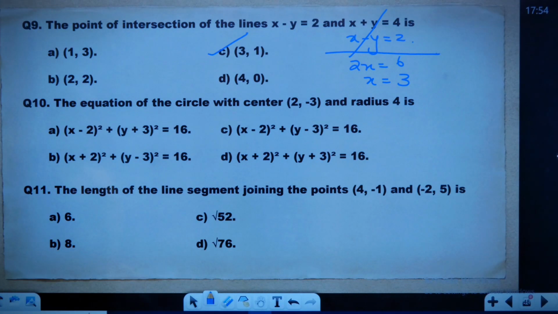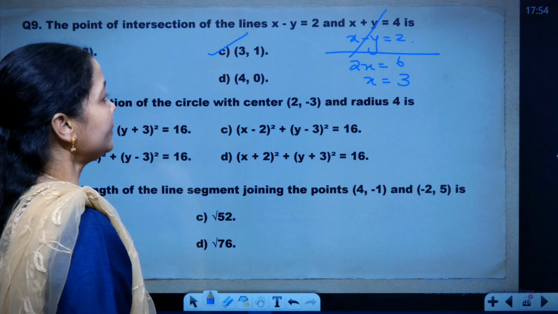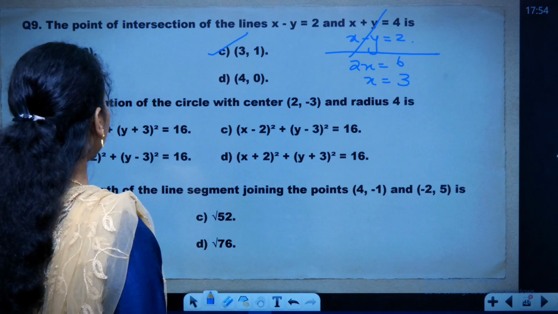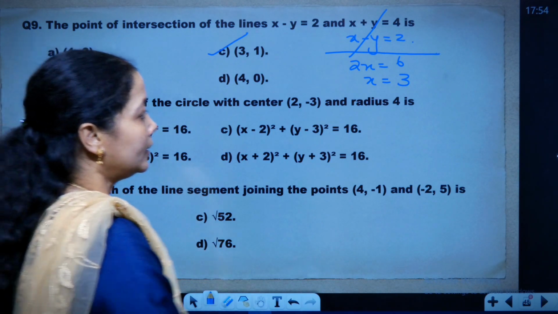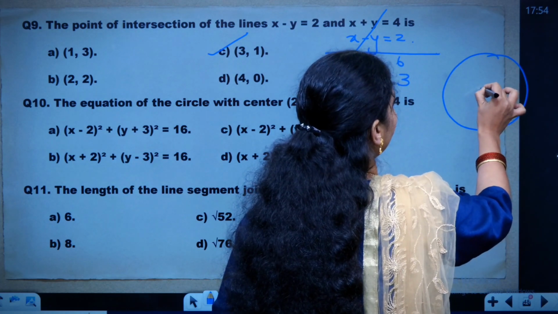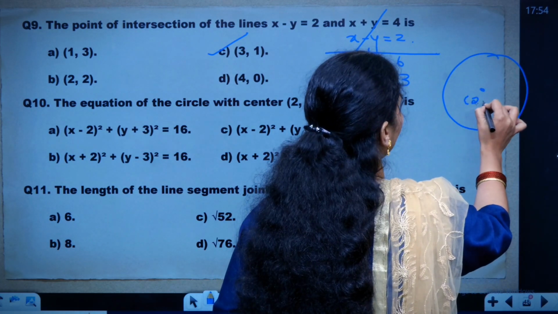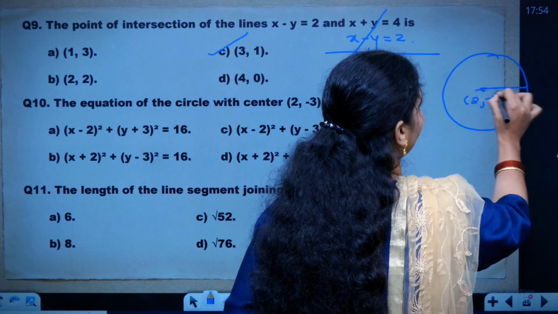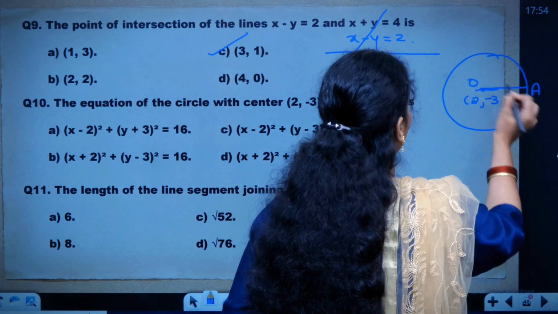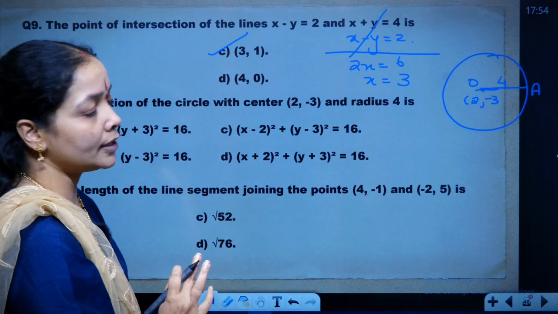The equation of the circle with center (2, -3) and radius 4 is... Now if I draw the figurative representation, I have a line segment like this. The center of the line segment is (2, -3) and I have the radius to be equal to OA. The radius is 4. I have to find the equation related to this.